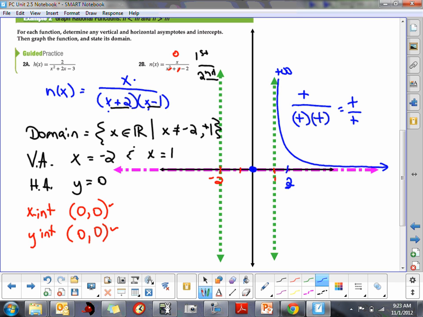The behavior by these vertical asymptotes is typically alternate behavior. I didn't do it on the last one, but I'll try it on this one. What is a number that is relatively close to a 1? I'm going to try a half. All I need to know is, are my signs going to be positive or negative? So if I put in a half, that x is going to be a positive. If I put in a half plus 2, that's going to be a positive number. But if I put in a half and subtract 1, that means it's going to be a negative.